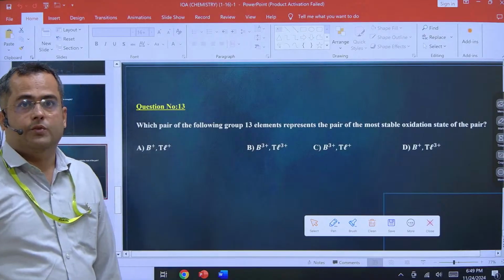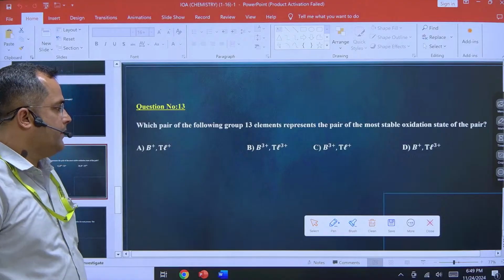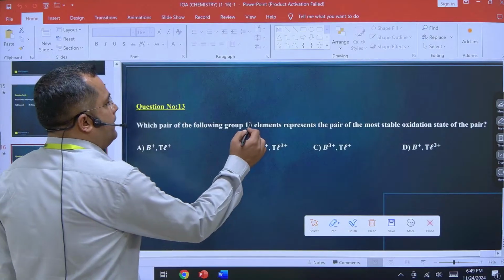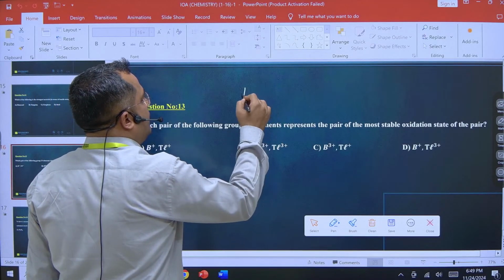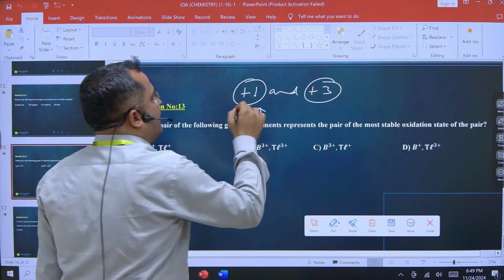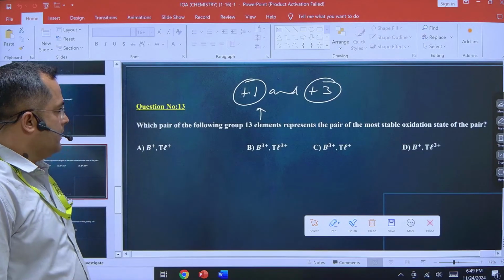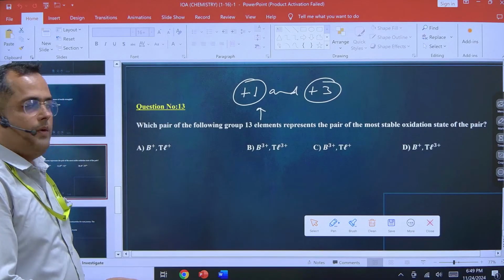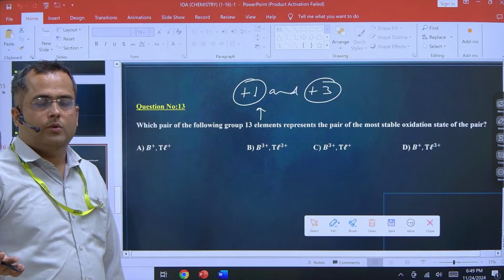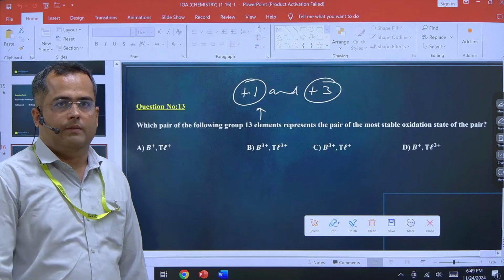In group 13 we have +1 and +3. Both of these oxidation states are exhibited by group 13 elements. Moving down the group, the lower oxidation state is more stable, and for those elements which are above, the higher oxidation number will be stable.